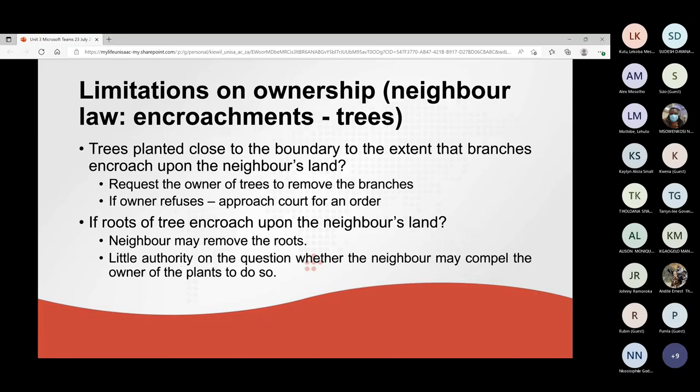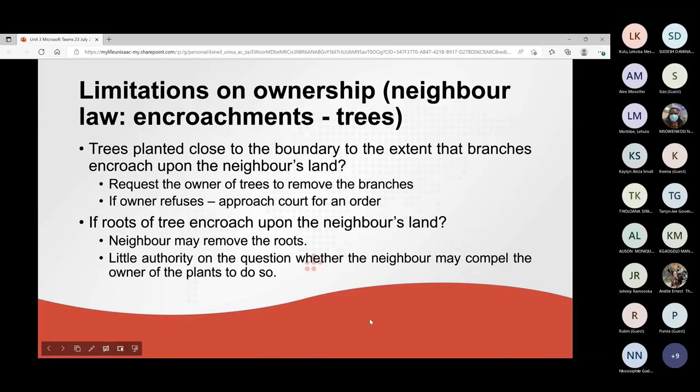Then, encroachments with regard to trees. Say, for example, you live next to your neighbor and the trees of your neighbor are planted close to the boundary to the extent that the branches encroach upon your land. What you can do as the owner of your property is request that the owner remove the branches of the tree. If the owner refuses, you can approach the court for an order.